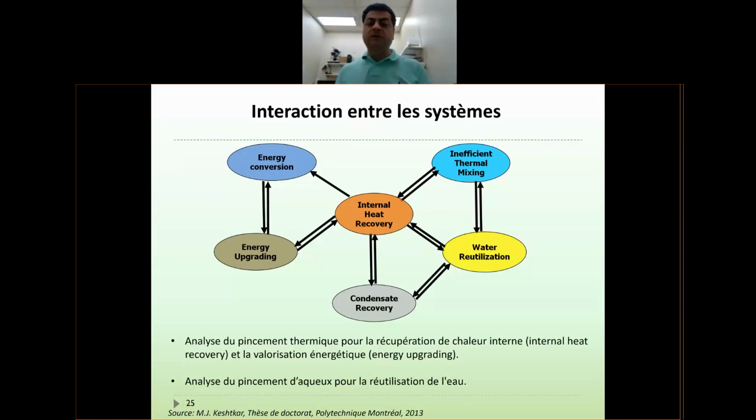Sometimes in part of the process, you have some warm areas, for example, or some warm streams, but those streams are not hot enough to take advantage of that energy in a heat exchanger, because the heat exchanger can be expensive.